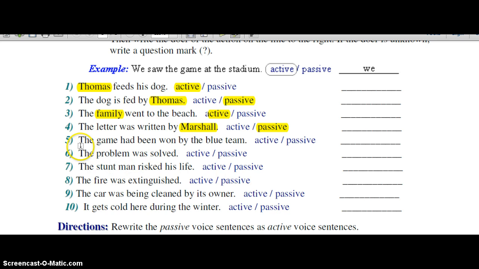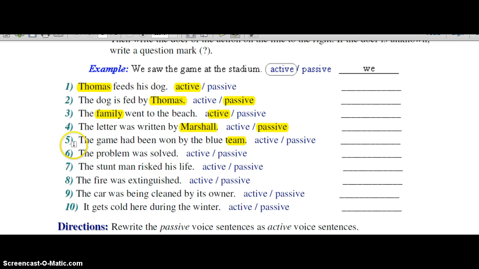Okay, for number 5, the game had been won by the blue team. So right now, game is in the subject part of the sentence. If I ask myself, though, had been won, who or what had been won, it's the blue team that is doing the winning, okay? They're the ones who are winning the game. So team is going to be my simple subject.